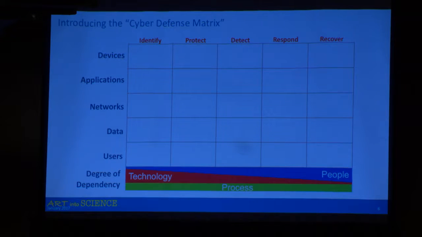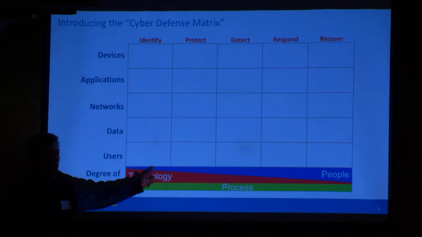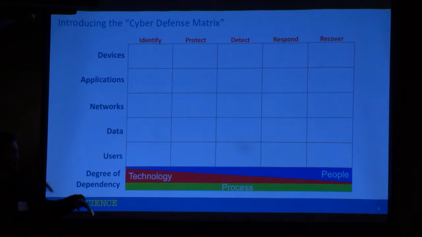What you see on the bottom is a prediction that I made. It's a hypothesis that says I believe the distribution of people, process, and technology looks like what you see there: on the function of identify, we have a little bit of people doing the work, we should rely more on technology, and we should have a consistent amount of process throughout all the phases, okay?